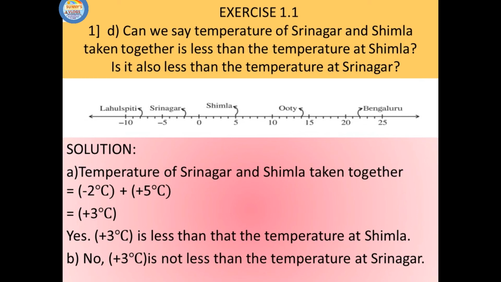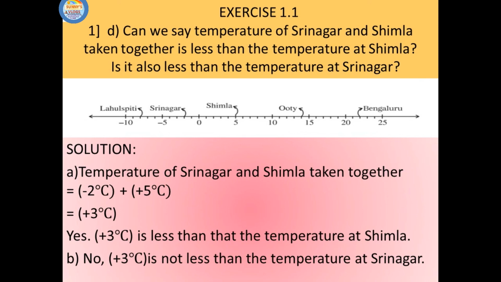Here the integers are having different signs. So under the rule of addition, when there are two different signs, that is one positive and one negative sign, we should subtract the numbers and write the greater number sign. So 5 minus 2 is 3 and the answer will get the plus sign because 5 degrees Celsius is the bigger integer when compared to minus 2 degrees Celsius.